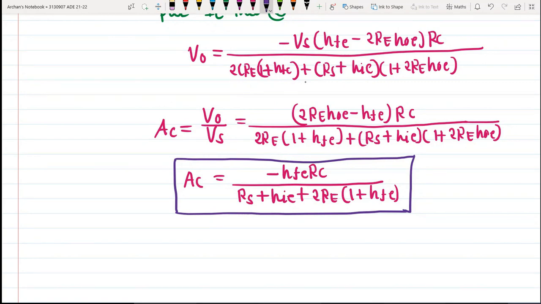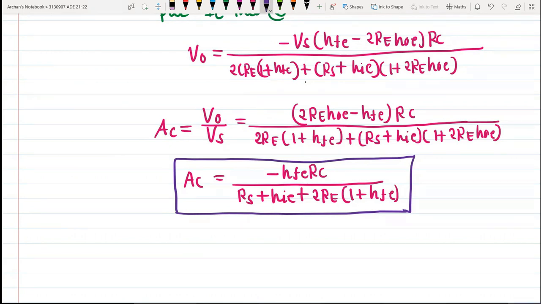Okay, now we shall stop here. In the next lecture, we will continue with this and we will try to find out the common mode rejection ratio as well as input impedance and output impedance of the differential amplifier. Okay, so all the parameters which are required for the performance of the differential amplifiers will be completed.